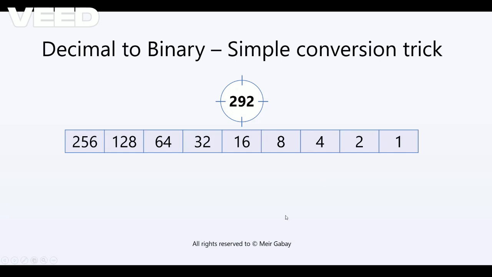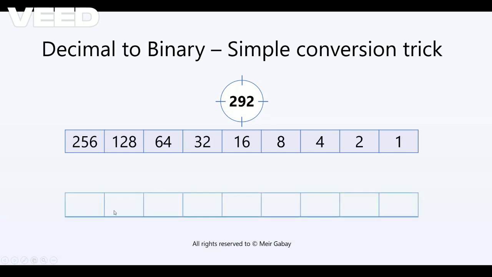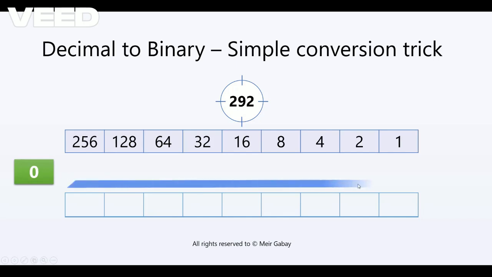I'm adding a blank table. Here will be our converted binary number. And we start with a 0. And we move from left to right until the finish line. And we will reach the finish line with 292 as our target. And when we arrive here, we'll also have our binary number written up in this empty table. So let's start.